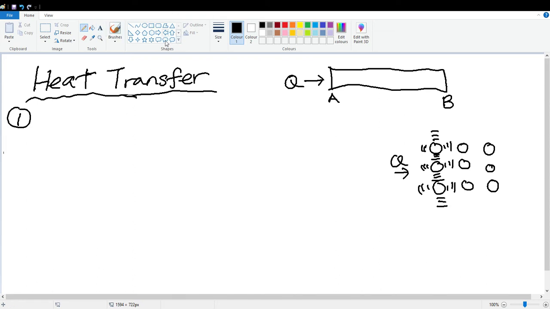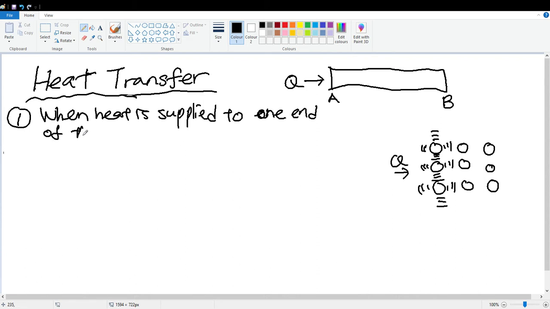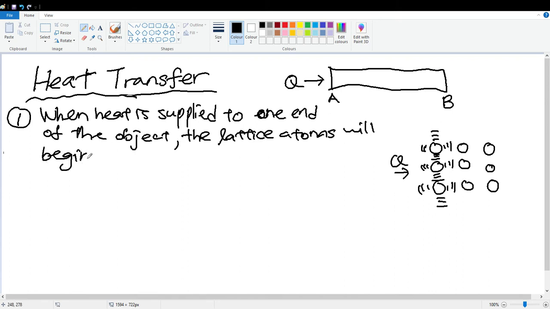So for the first statement: when heat is supplied to one end of the object, the lattice atoms will begin to vibrate vigorously with larger amplitudes.